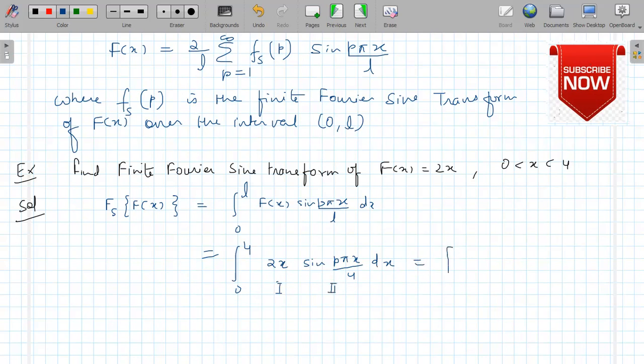So we will have first function into integration of second function, cos(pπx/L), that is 4 here, whole divided by pπ upon 4, minus integration from 0 to 4, derivative of 2x is 2, and again we have this expression as it is here, cos(pπx/4) over pπ/4 dx.